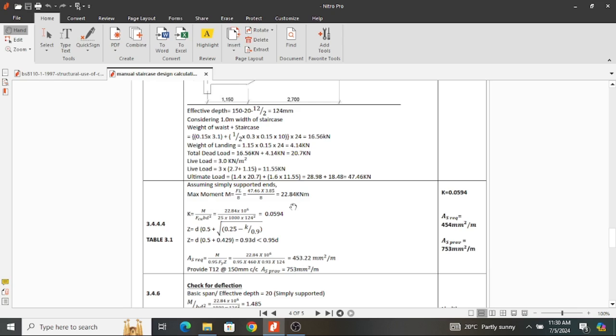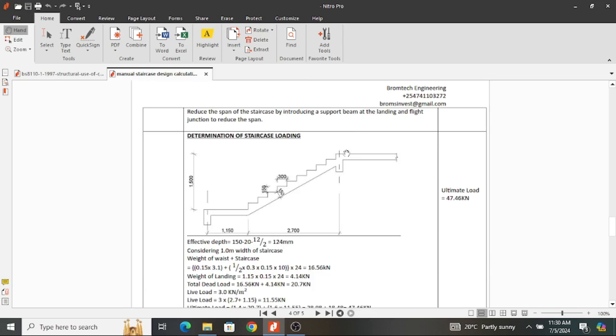Now, assuming simply supported ends, remember this end is not simply supported, but I'm assuming that for the design of this, so that I'm not having hogging moments at this point because of the continuity at this span.